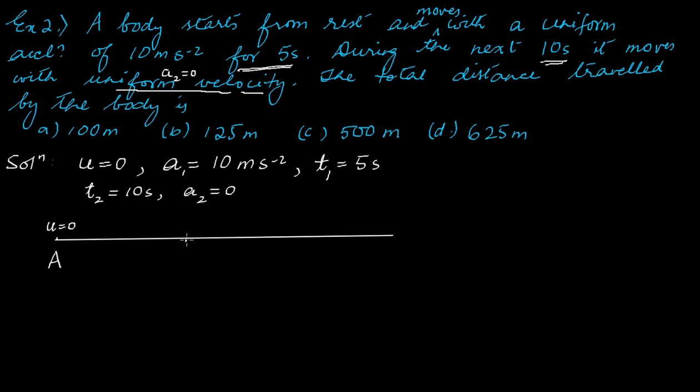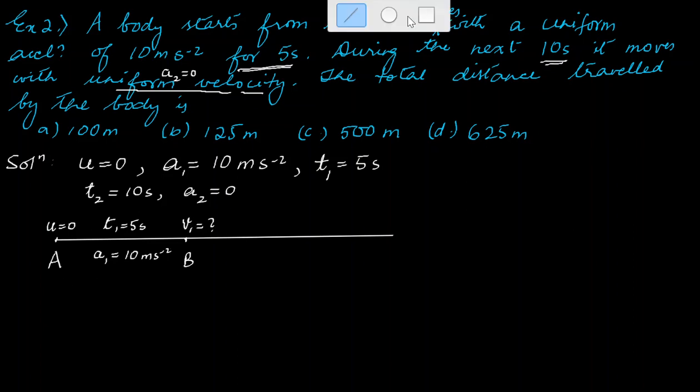Let's say it reaches point B after traveling t1, 5 seconds. And it accelerates with a1, which is 10 meters per second squared. So from rest it accelerates, and therefore it attains some velocity here, v1, which you don't know. The distance that it travels in the first part, let us call this distance s1.